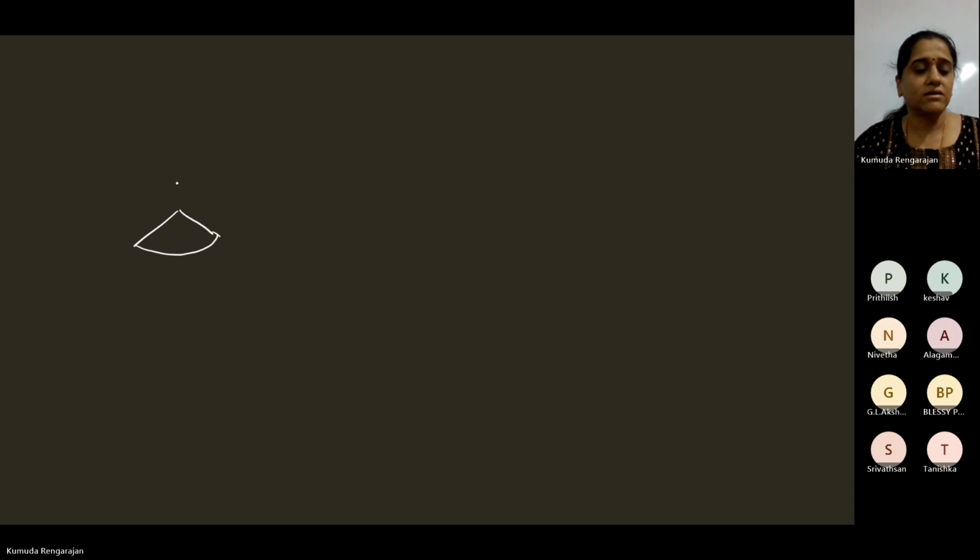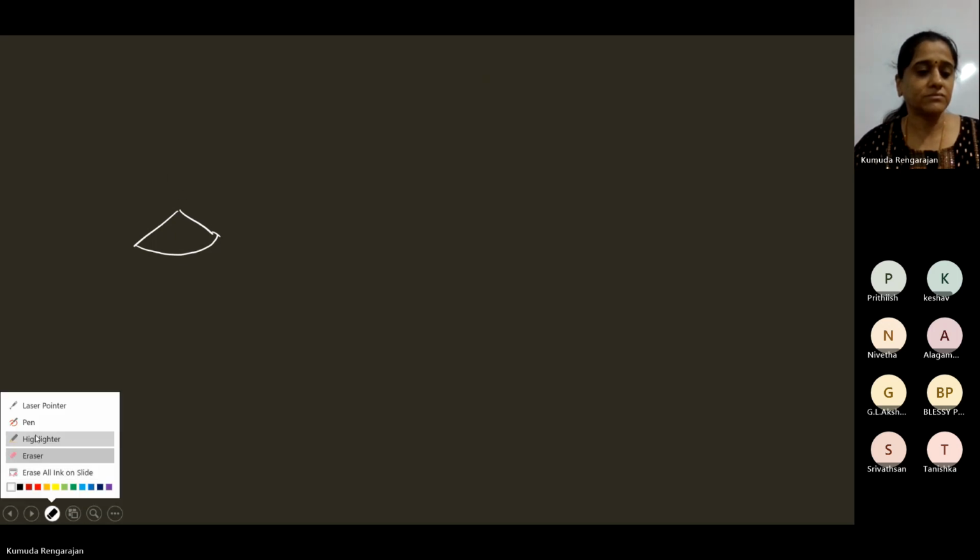When you put the two pieces together, see here. This is the minor sector. And this is the major sector.